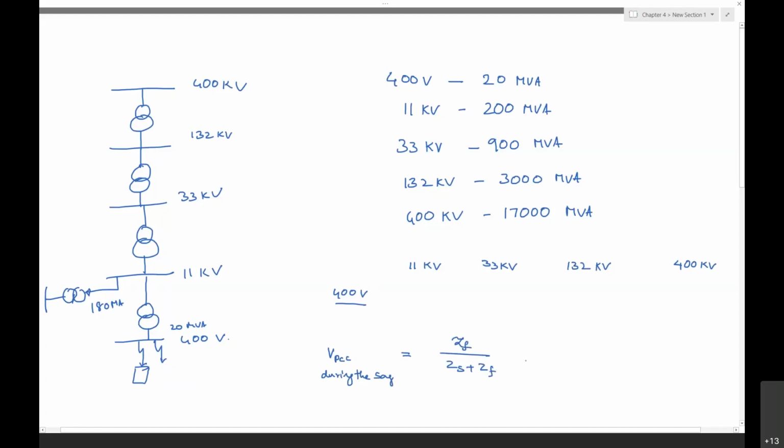We can also write this particular equation as 1 minus ZS by ZS plus ZF.